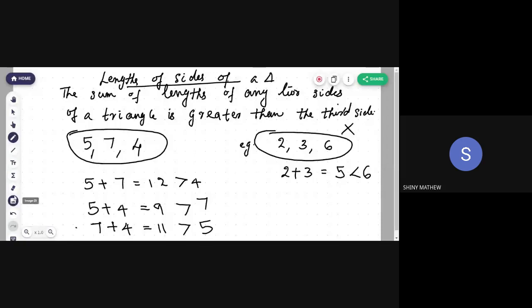So, then we can do some more questions. Below you write. All of you completed this much? Yes, miss. Writing that last example. Okay, write fast.